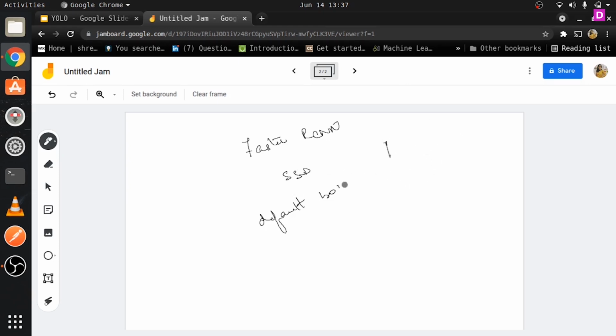See, the sizes of these anchor boxes are decided. Let's suppose we have 512 pixel square as the size, and the ratio is 1:1. So you have one square box, and the size is this, and the ratio is 1:1. So you have the anchor box, and you have the center here.